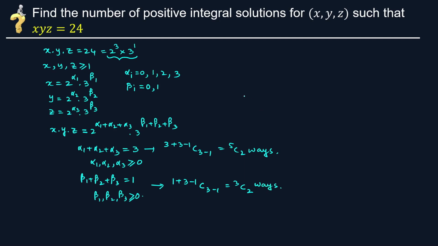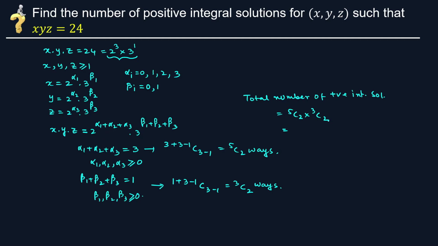Therefore, the total number of positive integral solutions will be 5C2 into 3C2, because you have to consider both 2 and 3, not 2 or 3.